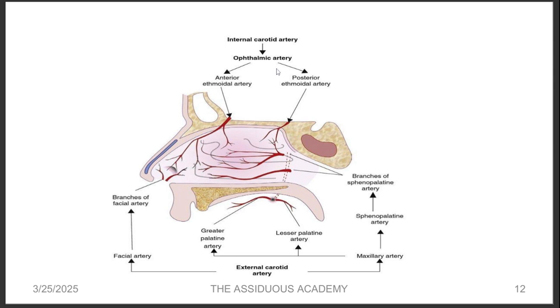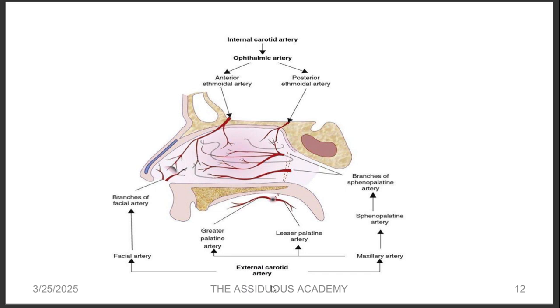The internal carotid is now going to give you the ophthalmic artery. The ophthalmic artery is going to divide into the anterior ethmoidal and the posterior ethmoidal. You can see these ones. The anterior ethmoidal is supplying the anterior aspect of the nasal cavity, the posterior ethmoidal a bit back.